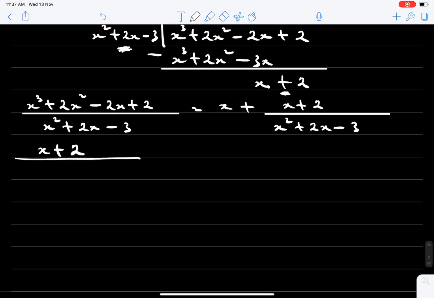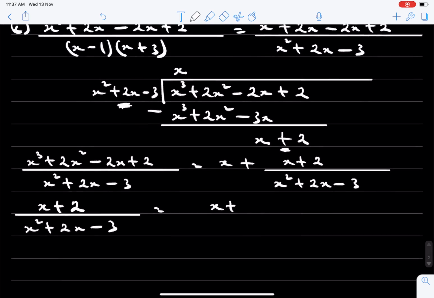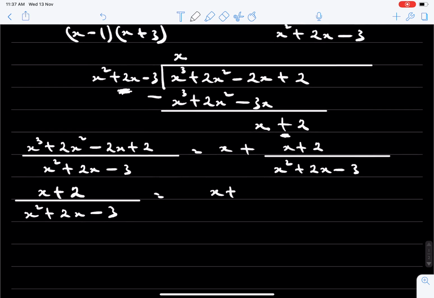So I now have a proper fraction, which is what I'm splitting into partial fractions. That's x plus 2 divided by x squared plus 2x minus 3. And I know that the denominator is a product of x minus 1 and x plus 3.